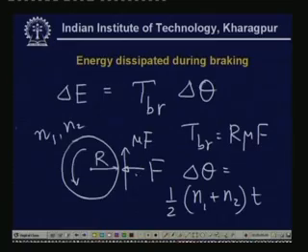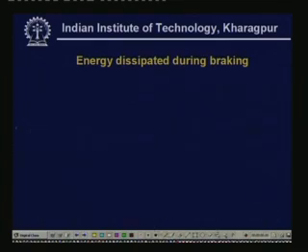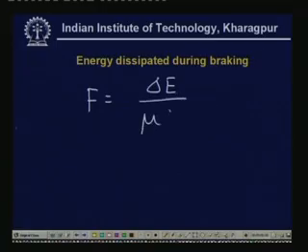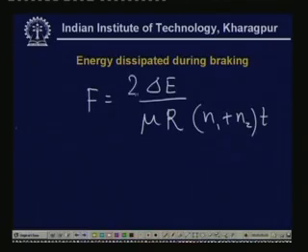This much force must be applied to reduce the speed of this moving part from V1 to V2. If you make these calculations, it comes out to be very simple, and F is equal to delta E divided by mu times R times (n1 plus n2) times t times 2.